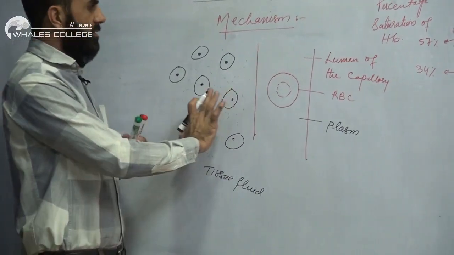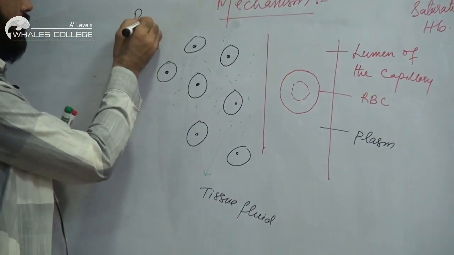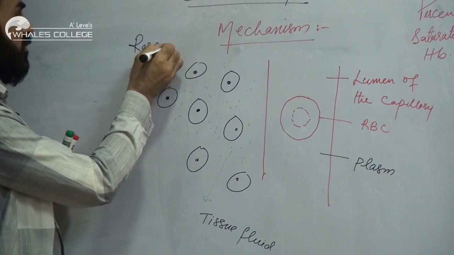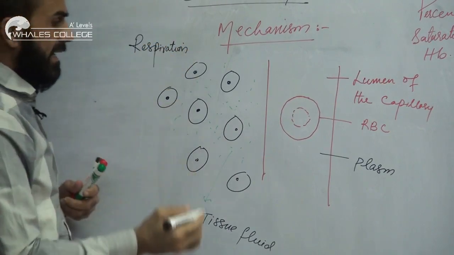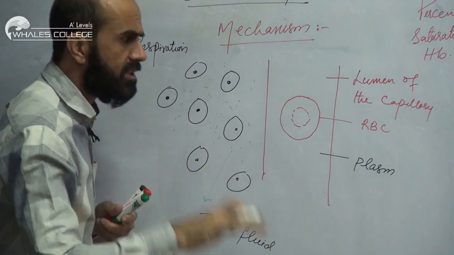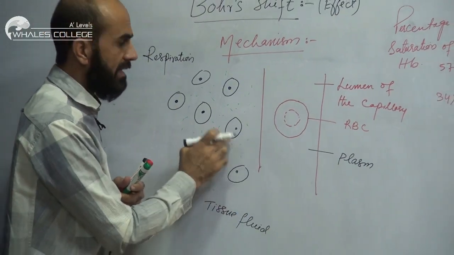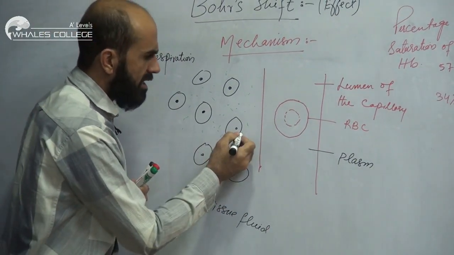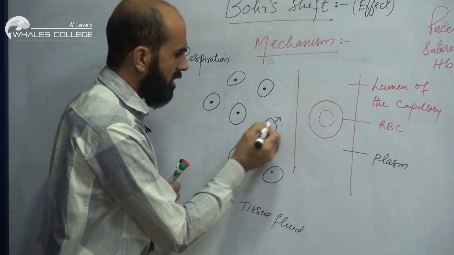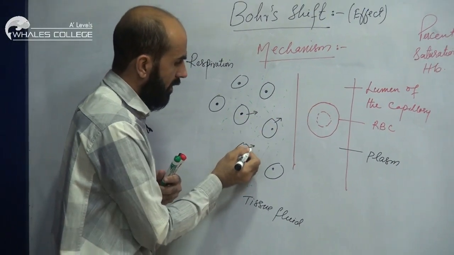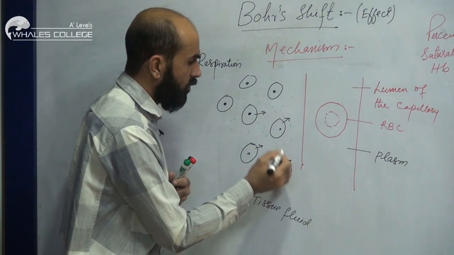Now, since respiration is taking place here, and in respiration carbon dioxide is produced in the cells, this carbon dioxide is initially dissolved and passed into the tissue fluid.